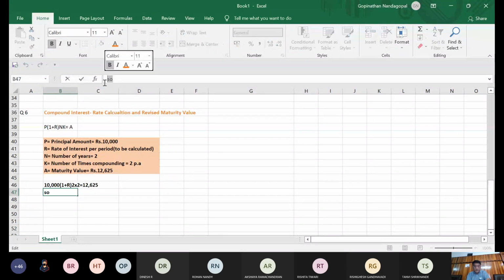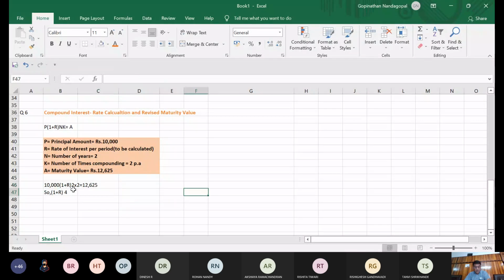10,000 comma, 1 plus R. So 1 plus R to the power 2 into 2 is 4, which is equal to, if you simplify all this, you'll get 1.2625.